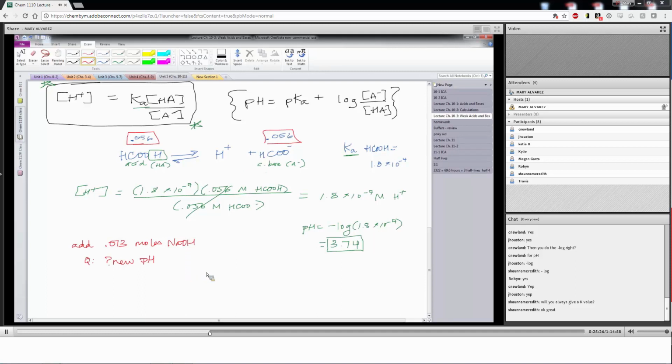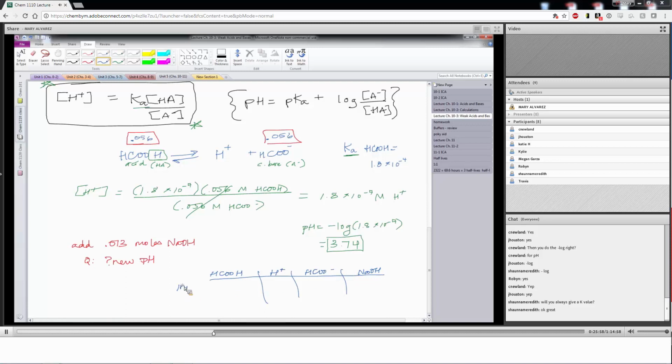And in order to track this, you might use what we call an ICE chart, which looks at the species that we've got in solution. So we've got our acid, and when it dissociates into the hydrogen ion and the HCOO minus ion. And now we're also adding sodium hydroxide. These are the four things we're looking at.